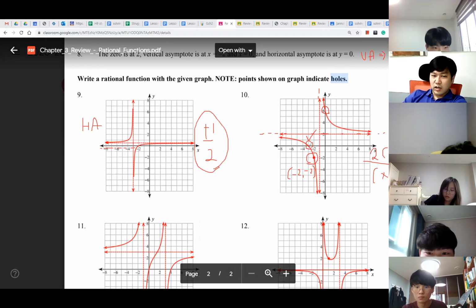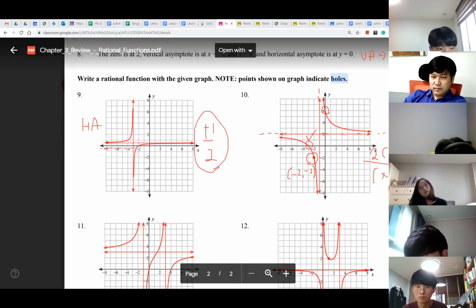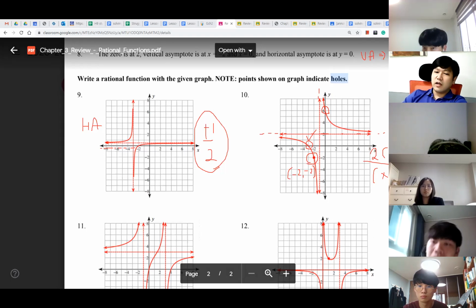It's at x = -3, so how can I write it here? Maybe it can go on the top, like x plus 3. There we go.